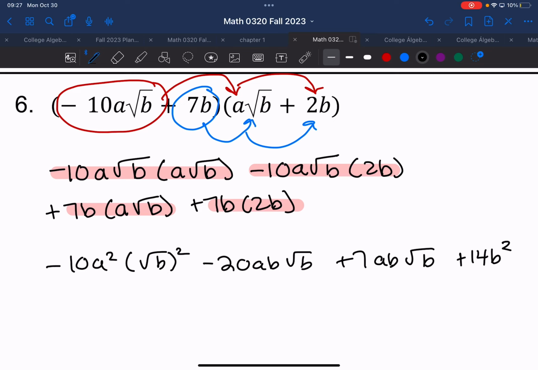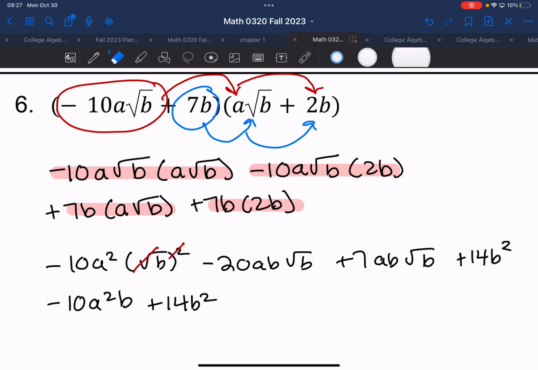Which means that square root of b squared cancels out, just turns to a normal b. So this is negative 10a squared b, plus 14b squared, because I can't do anything with that 14b squared.